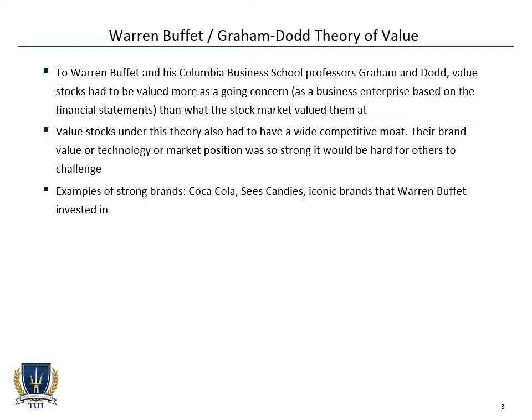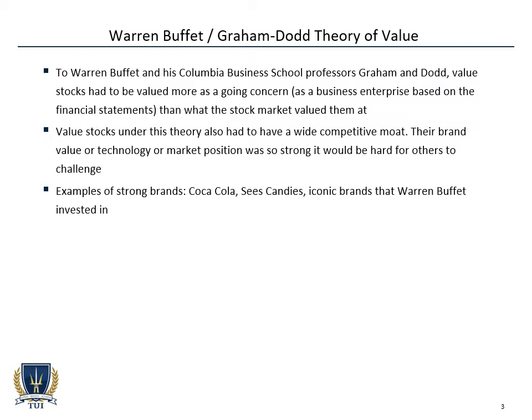So one of Buffett's criteria, and one of his professors' criteria that they taught him, was that a value stock had to have a wide competitive moat. So they've got a brand position like Coca-Cola. If I start a soda company tomorrow called Bob's Soda, it's not Coca-Cola. They don't have commercials at the Olympics for Bob's Soda.